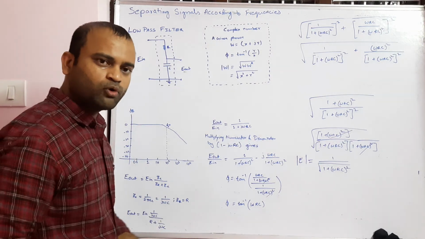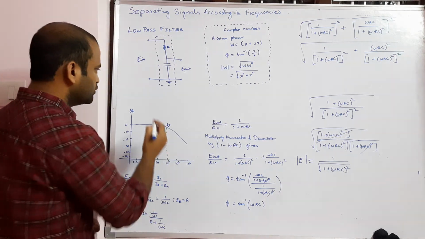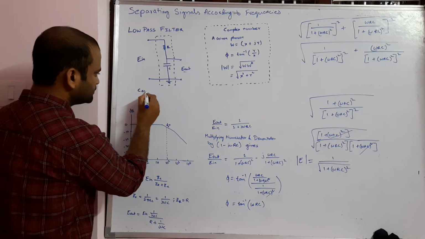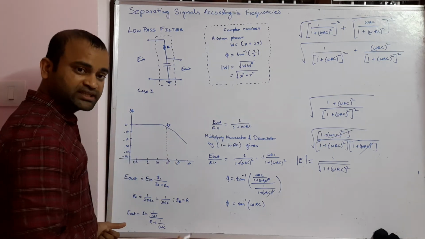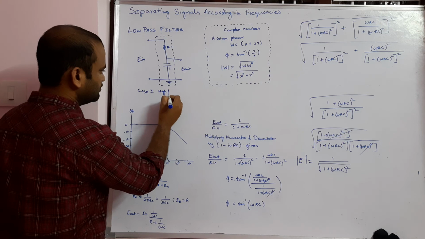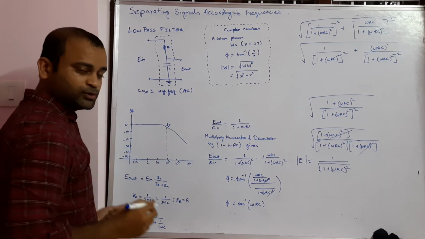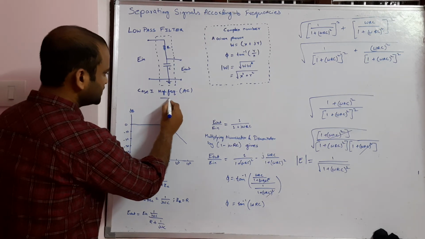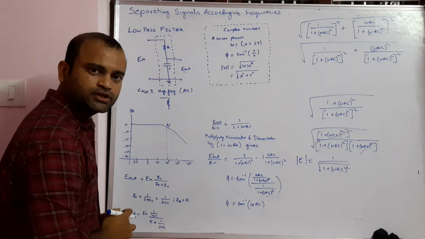To be more clear, let me modify this circuit. For case 1, where our input signal is a high frequency signal or an AC signal, the capacitor acts as a short circuit.